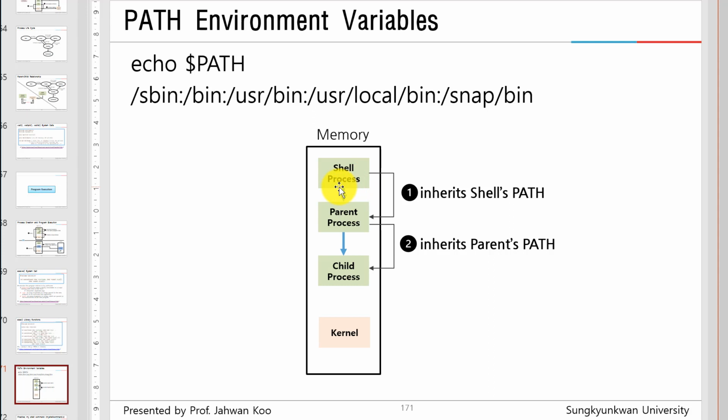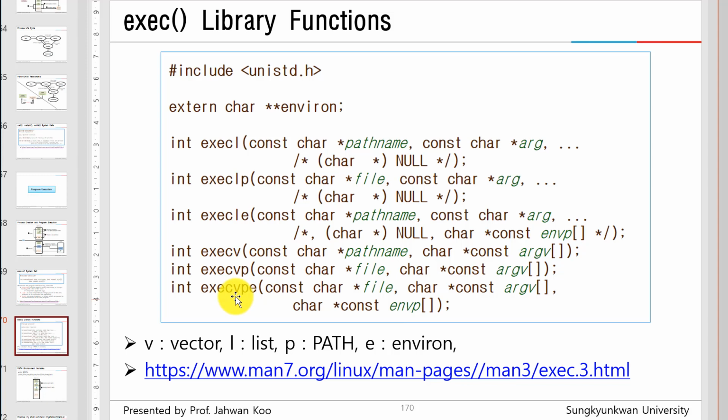When you run a program on the shell interface, the program, that is, the process, inherits a copy of the shell's path environment variable. In conclusion, all child processes inherit a copy of the shell's path environment variable. Therefore, we can use the path environment variable in the exec functions when you execute a new program.